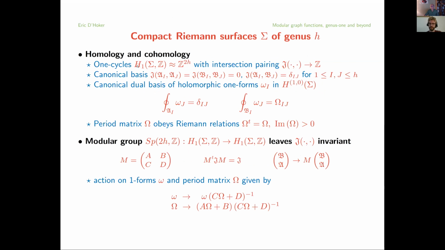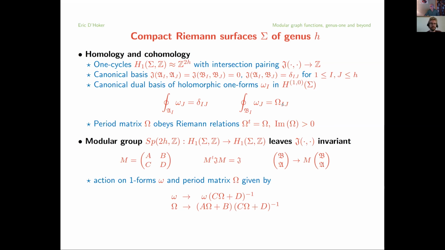So the first homology group is isomorphic to 2h copies of Z. We have an antisymmetric intersection pairing matrix or form, which I'll call J. And so we can pick a canonical basis for the first homology group of A and B cycles, which I think you're all familiar with, and a canonical dual basis of holomorphic 1-forms, which I'll call omega I. And it's standard to normalize them like this on A cycles.